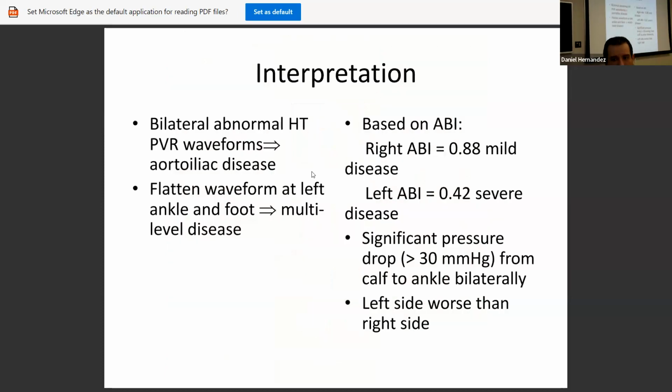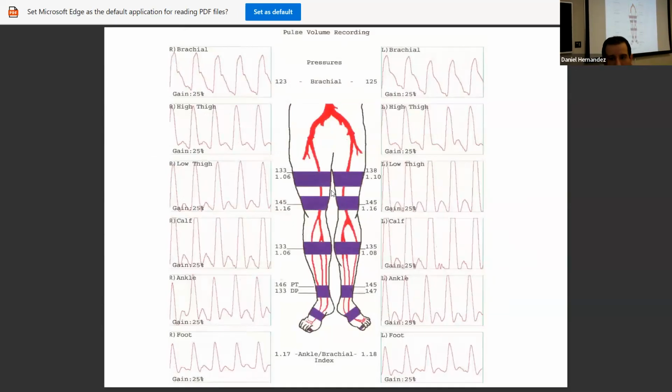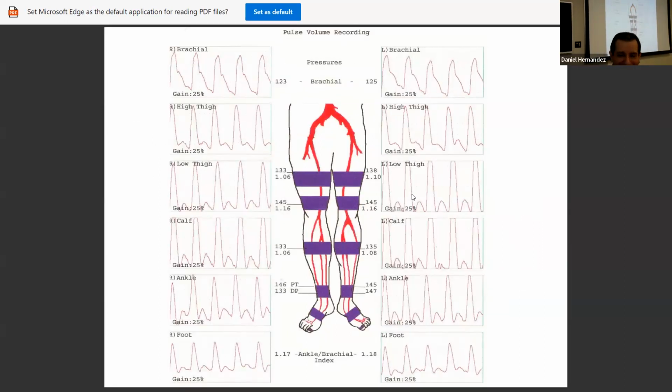The only thing they were questioning was the high thighs being less than 1.2, but that just might be the limb circumference. It's most likely normal, because everything looks pretty normal.